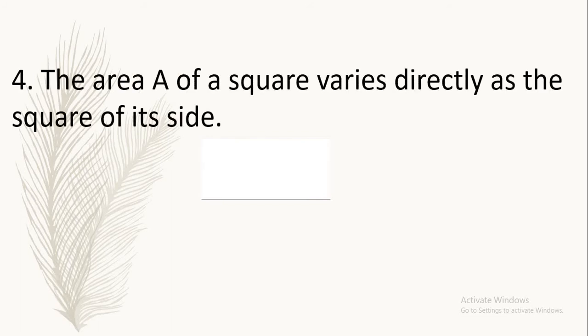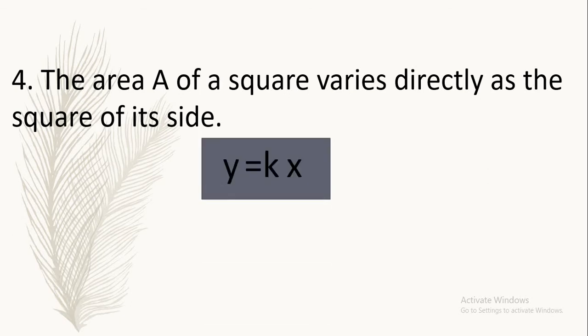Another one, the area of a square varies directly as the square of its sides. So from y is equal to kx, our y is big letter A, and our x is s squared because of side of its square.